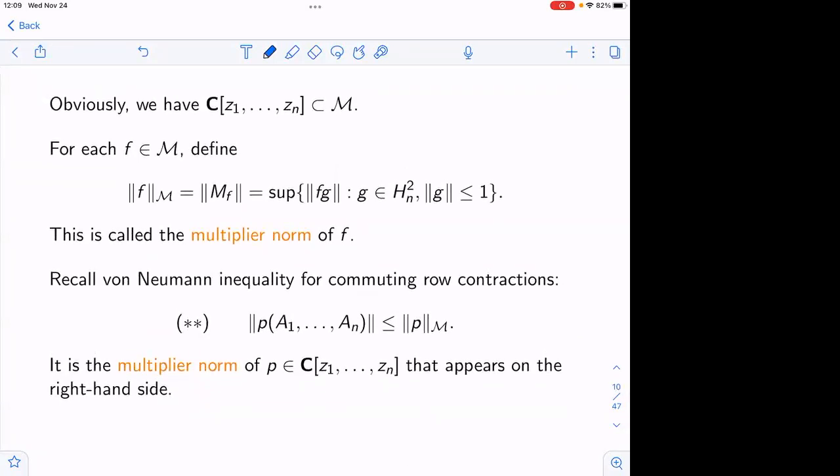We will also write this norm, with script M as the subscript, as the operator norm of the multiplication by f on the Drury-Arveson space. And that's the right-hand side of the von Neumann inequality for commuting row contractions. That's what this is.